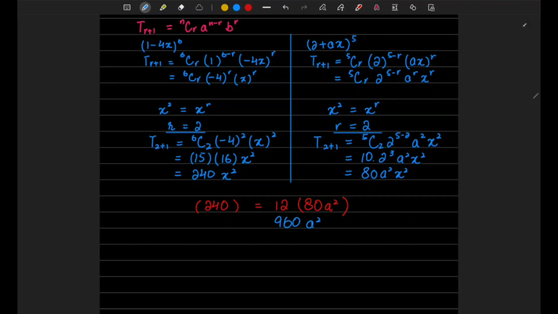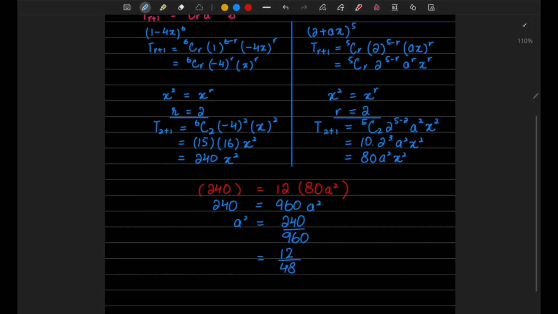So a squared equals 240 over 960, which gives you 12 over 48, that is 1 over 4.